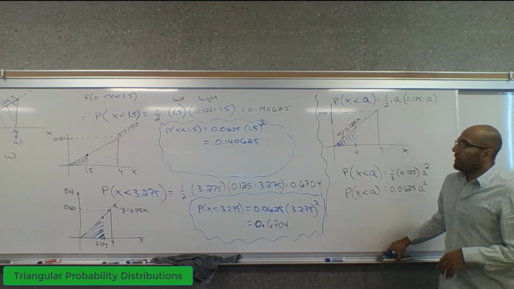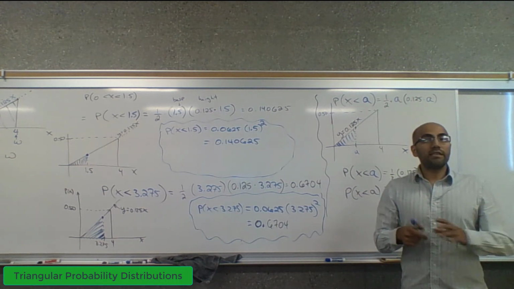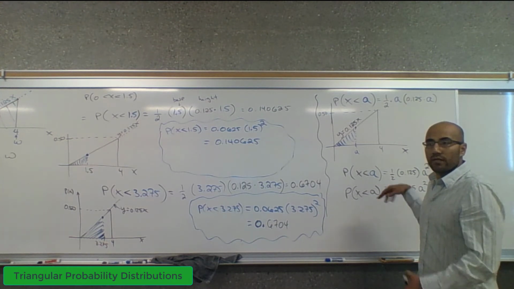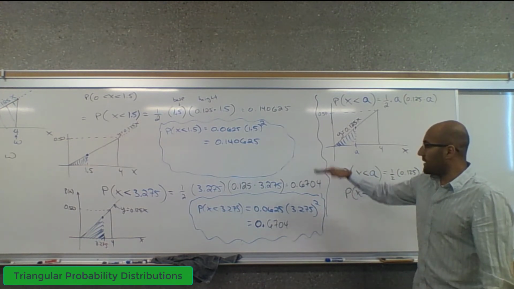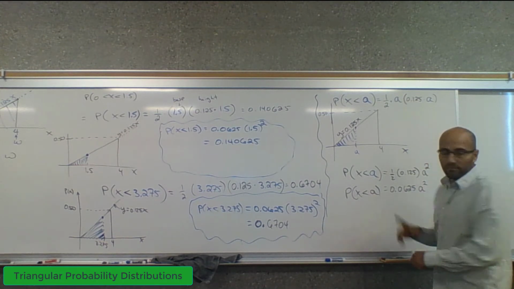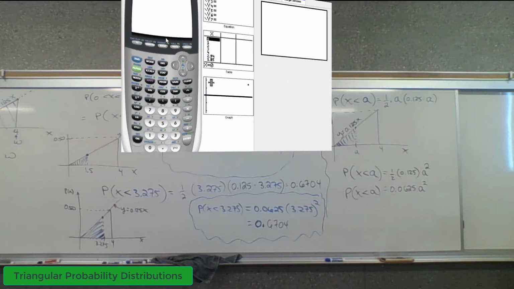Good? Good? Okay, so now that I have this nice easy button, let's make a calculator function that we can punch this guy into, and it'll be an easy way to get lots of different results. Okay, so let's go to our calculator. We turn on our calculator.